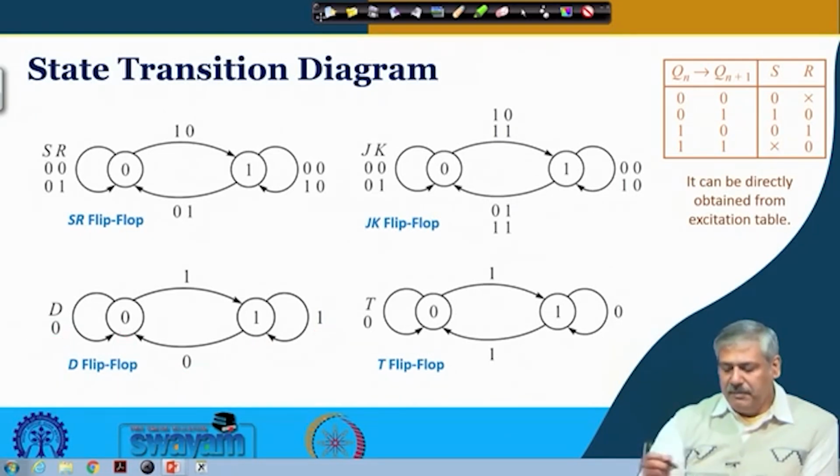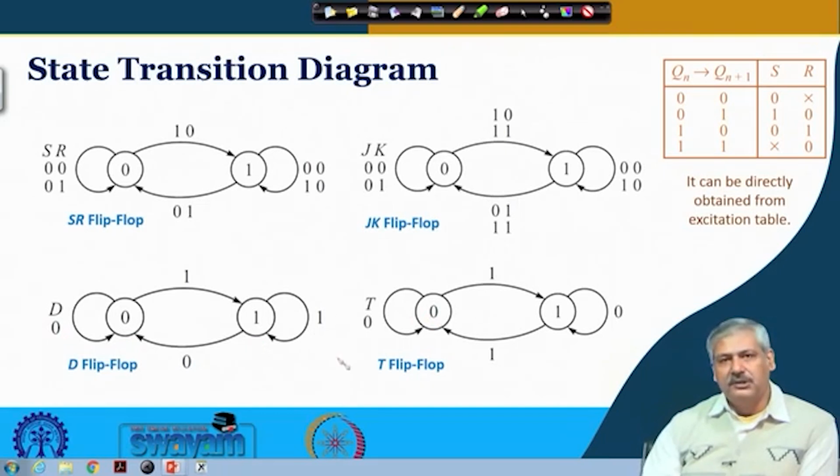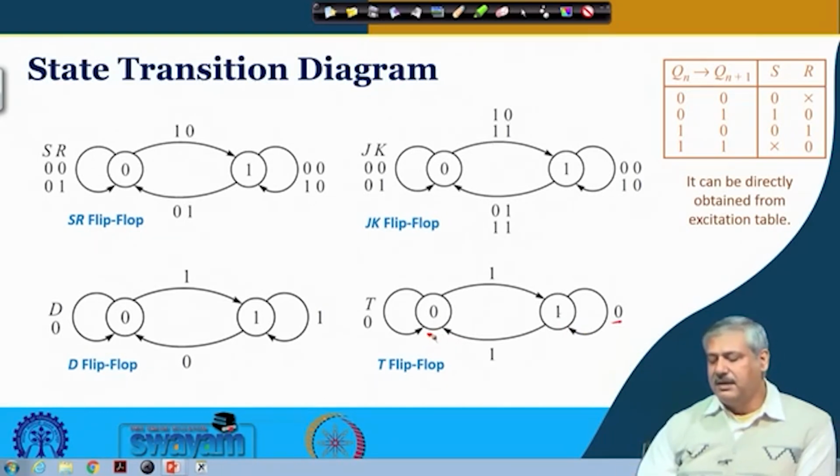And for the toggle flip flop, if it receives 0, then it will stay at 0, and if it receives 1, it will toggle and go to 1. If at 1 it receives 0, it will stay at 1, and if it receives 1, it will toggle and go to 0. Okay. This is another form of representation.